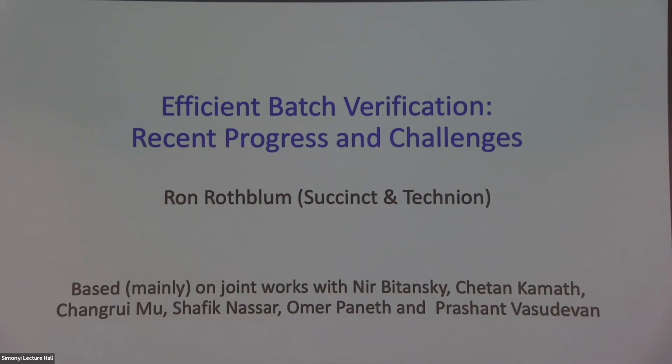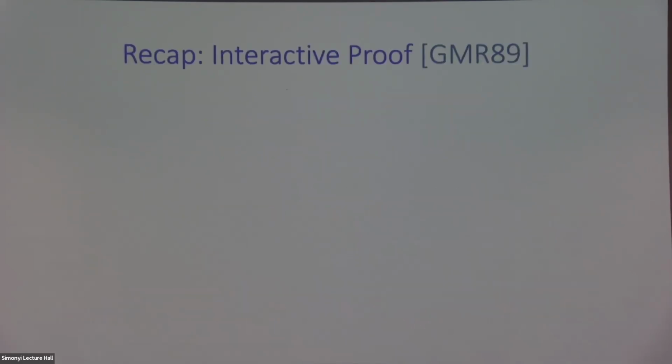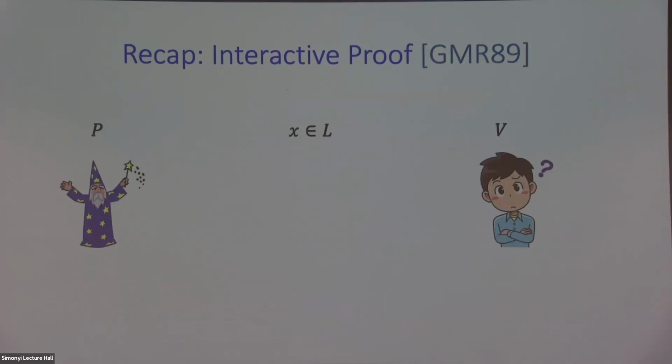Okay, so just to recap and see what area we're talking about. We're going to be talking about interactive proofs, based on this seminal notion by Goldwasser, Micali, and Rackoff. In the setting, we have a prover P and a verifier, and the prover is trying to convince the verifier of a computational statement, which we usually formulate as: does an input X belong to a language L? That's the classical notion of an interactive proof.